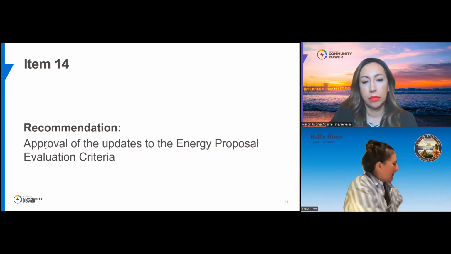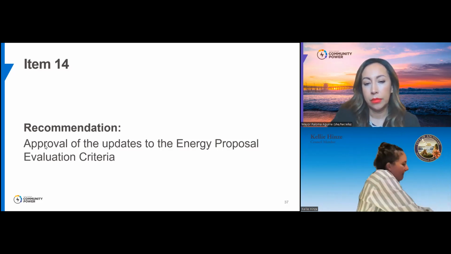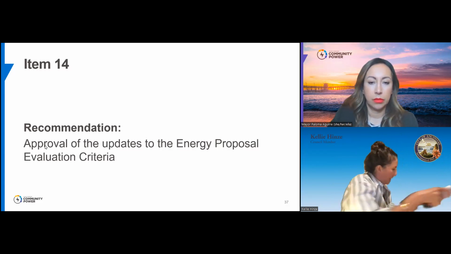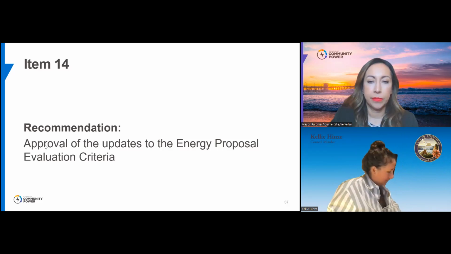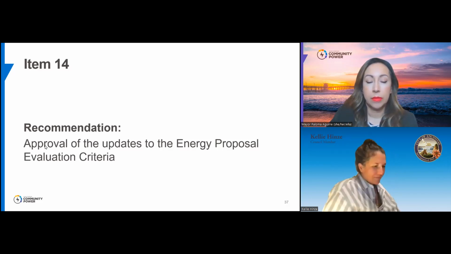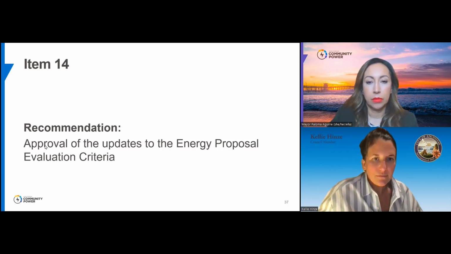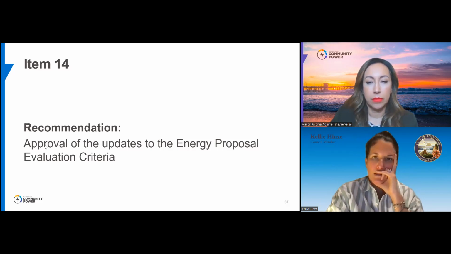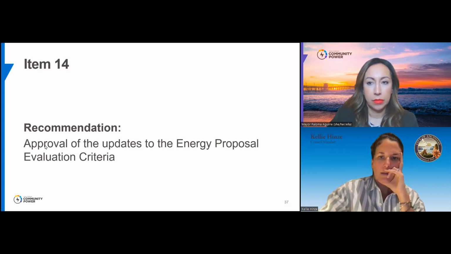The highest they'd be able to score for that, though, would be the medium plus B criteria, which factors in that the project is already doing some kind of community benefits. In order to get the highest criteria, though, to get the A score, they would also need to commit, or if they don't have anything else, they would still need to commit to a community benefit fund that, specifically, to your point earlier, would go to San Diego Community Power to be administered for local benefits to our constituents.